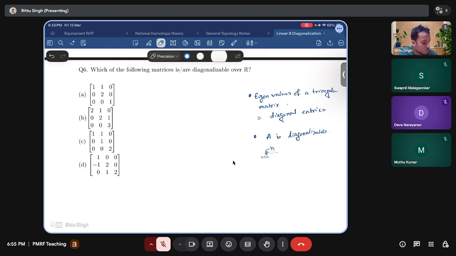This is possible if and only if the algebraic multiplicity of each eigenvalue is the same as the geometric multiplicity of the corresponding eigenvalue, for all eigenvalues lambda.